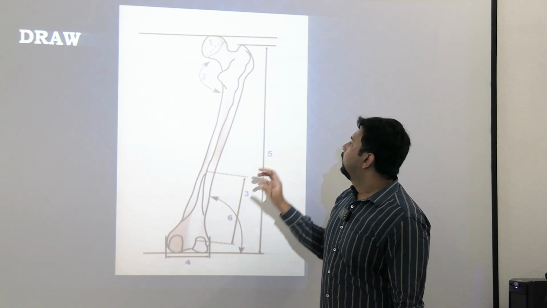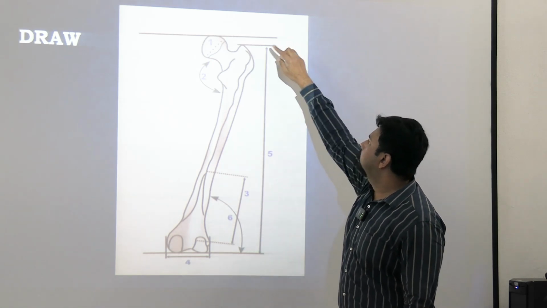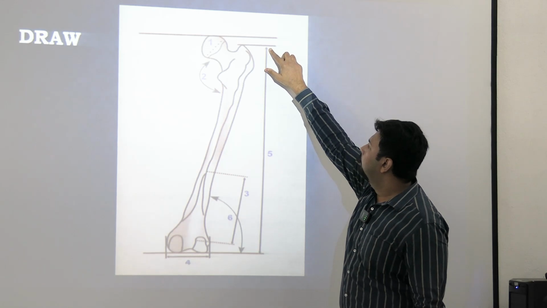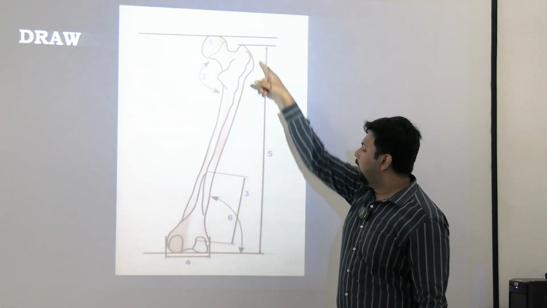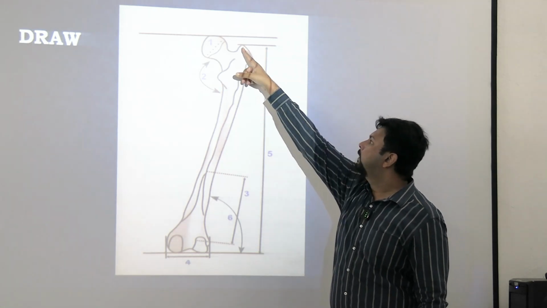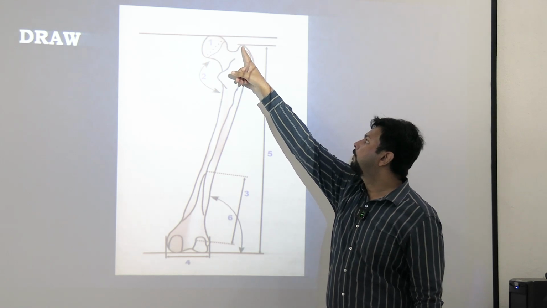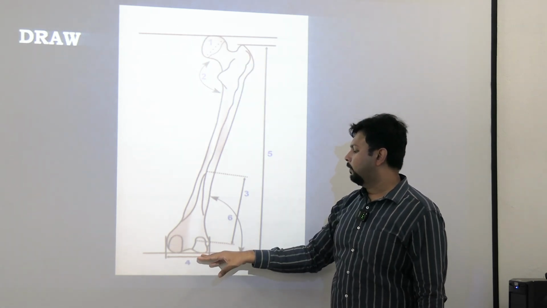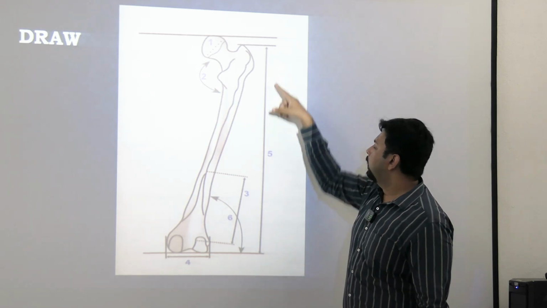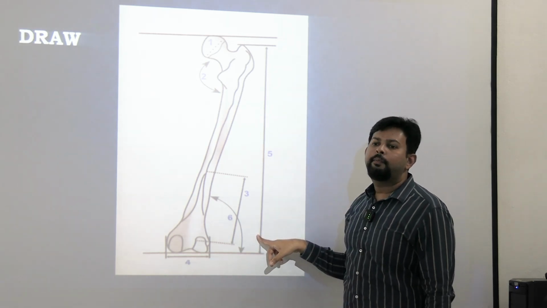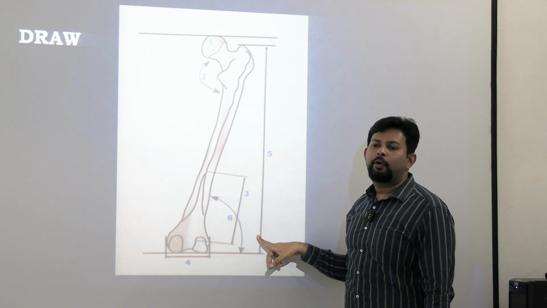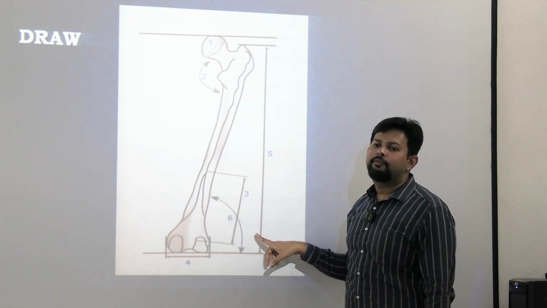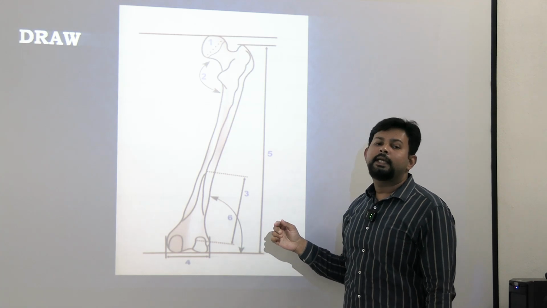The third one is, let's talk about this one first. This is the length, from this greater trochanter till the base. So this is the trochanteric oblique length. It will be more in males, about 450 millimeters, and for females it will be like 380.